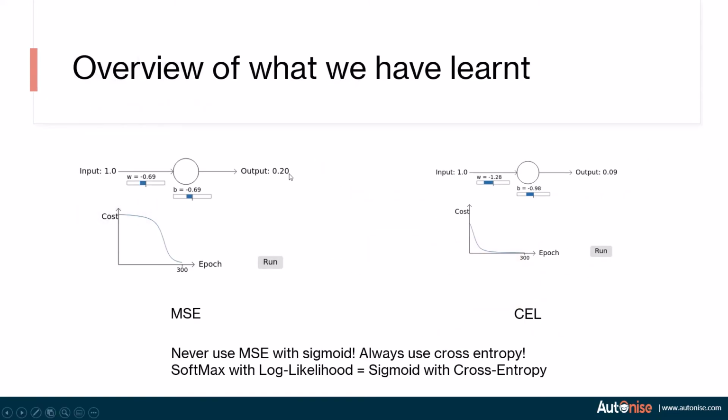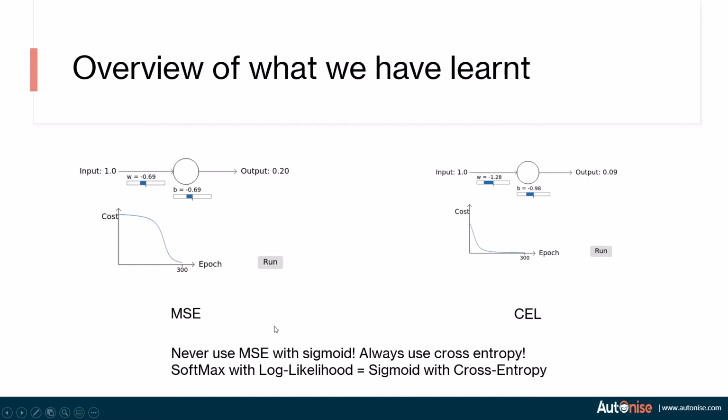So let's just revise once again what we have learned till now. If we use sigmoid with MSE, the model converges slowly and it takes a longer epochs to train the model. If we use cross entropy loss with sigmoid, then the model converges fast and reaches better values of convergence.